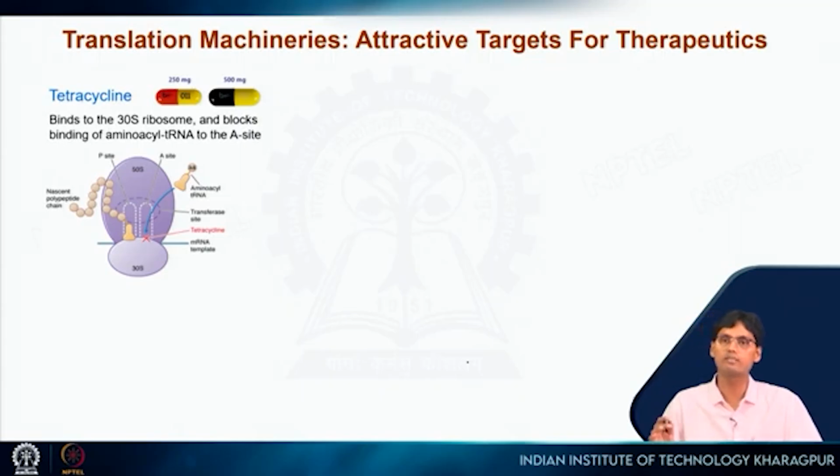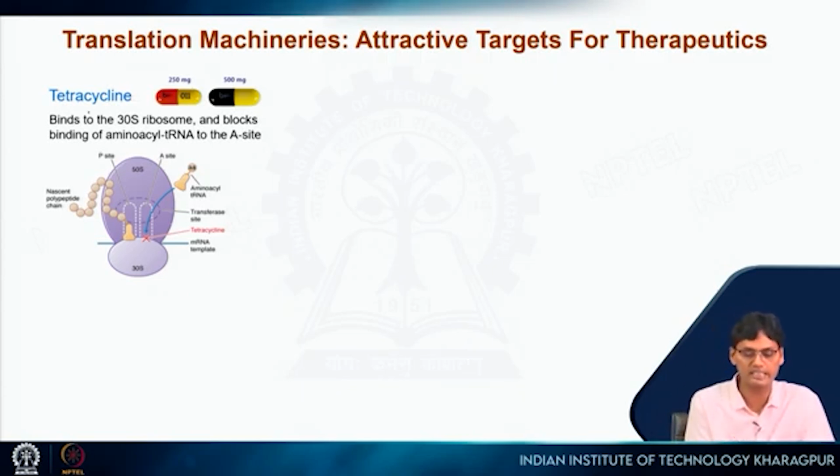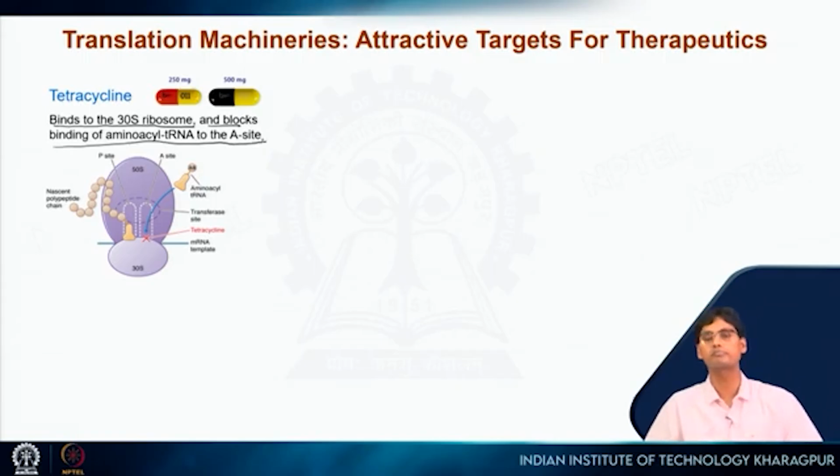So antibiotics inhibit bacterial growth. Many antibiotics, for example tetracycline, doxycycline, actually target the ribosome. Tetracycline and doxycycline bind to the 30S ribosome and block the binding of aminoacyl tRNA to the A site.